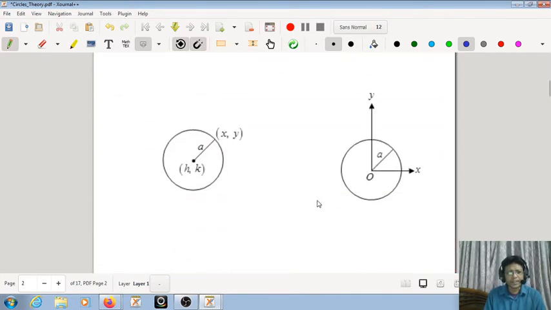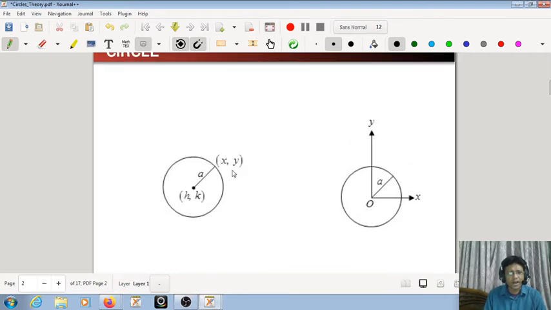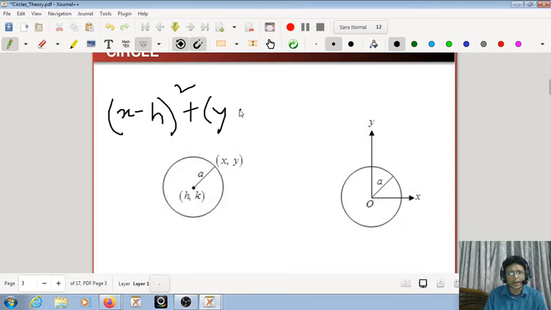Next, let us see this example. Suppose (h, k) is the center of the circle and a is the radius. So what is the distance and what is the equation? The equation can be written as (x minus h) whole square plus (y minus k) whole square equal to a square.